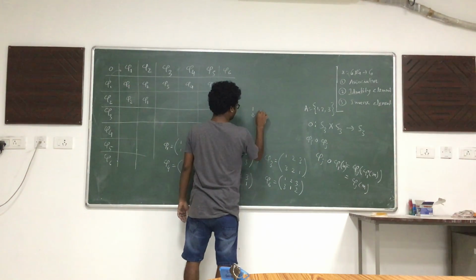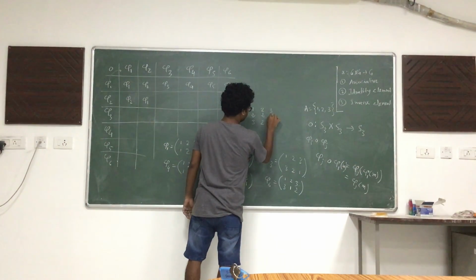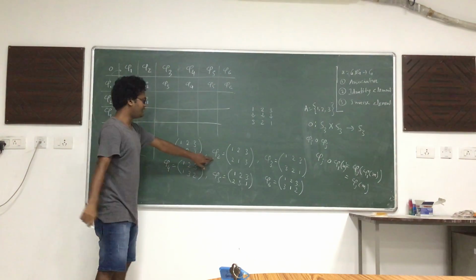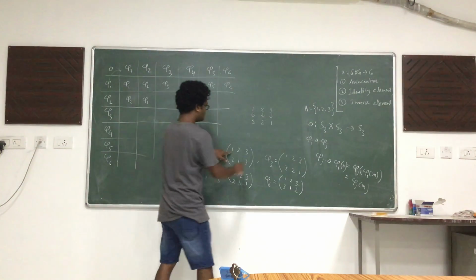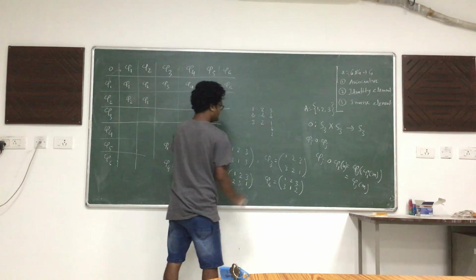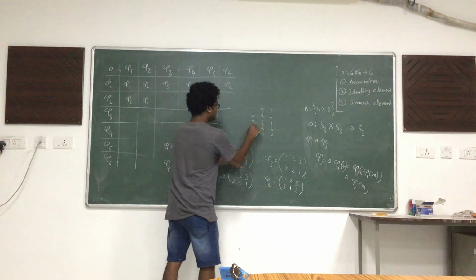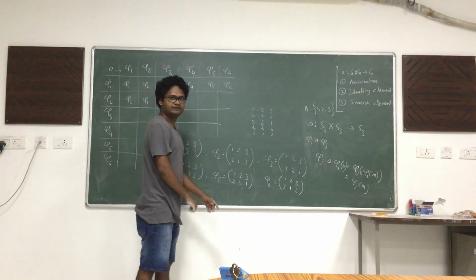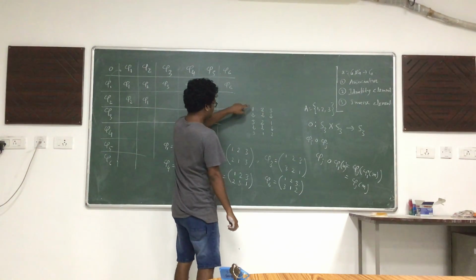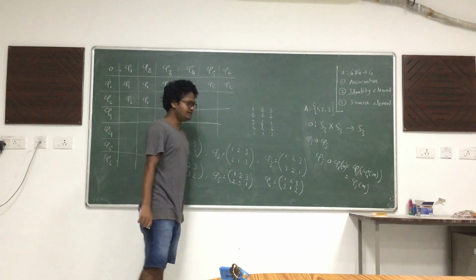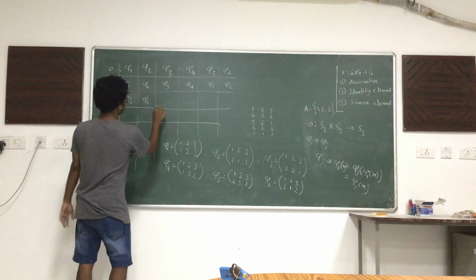Phi 3 takes 1 to 3, 2 to 2, and 3 to 1. Phi 2 takes 1 to 2, 2 to 1, and 3 to 3 itself. Now we can remove the middle part and check. Which is this? This is phi 6.